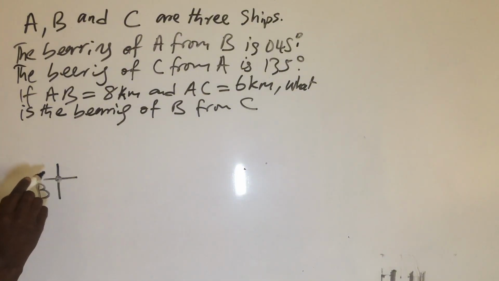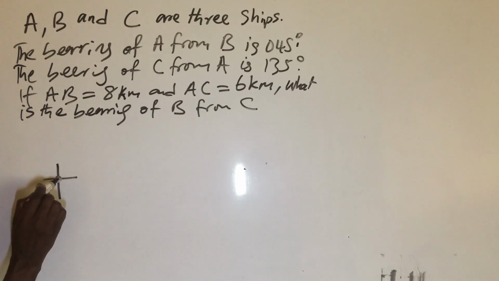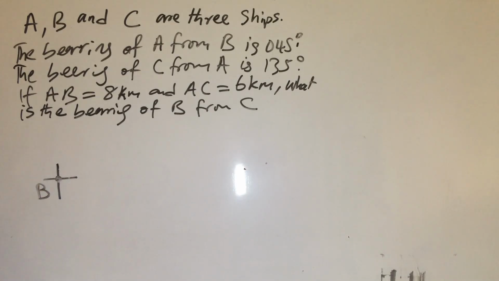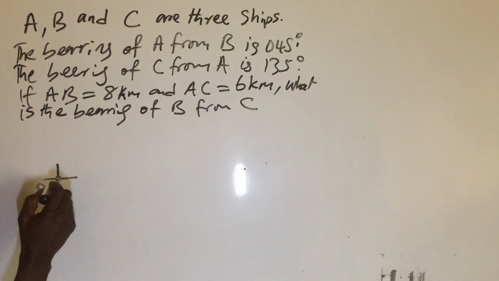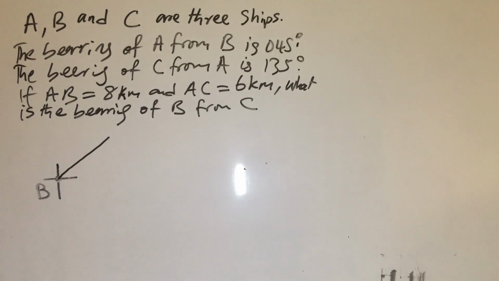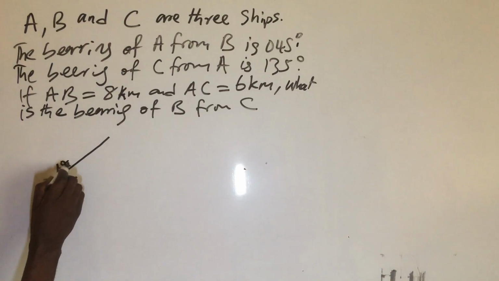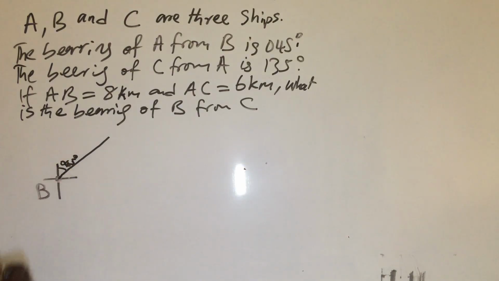Now, in bearing and distances, we take our bearing clockwise. So taking it clockwise, 45 is half of this, because from here to here is 90 degrees. So 45 is half of it. That means half of this place is where A takes off from, meaning that here is 045 degrees, okay?